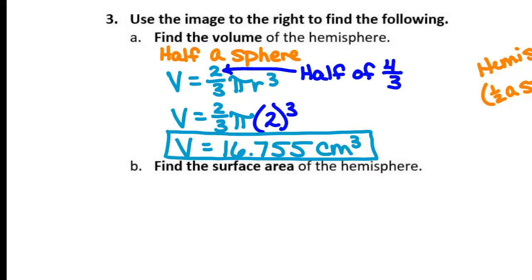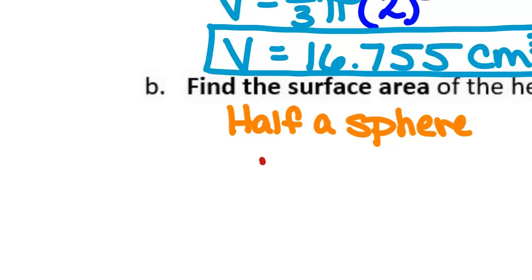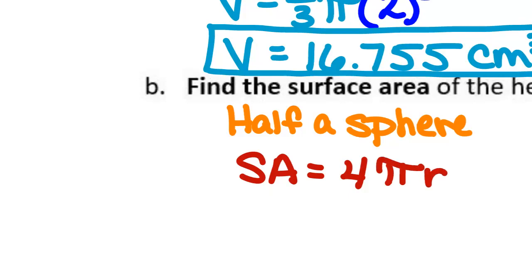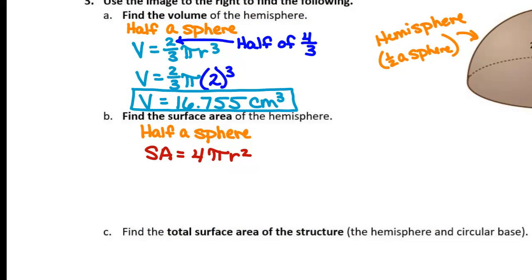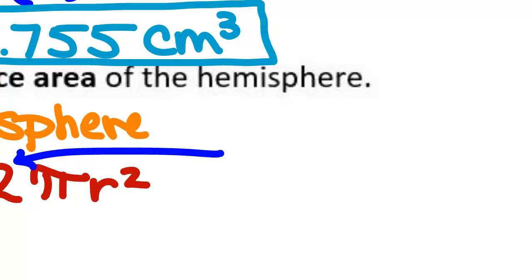Surface area for my half a sphere. Well, the surface area formula for a whole sphere is 4 pi r squared. How do you think that's going to change because I'm looking at just half? 2 pi r squared, absolutely correct, because this is half of 4.